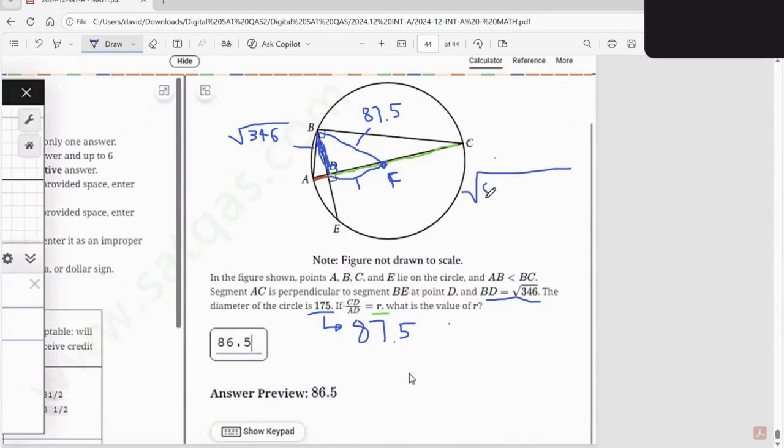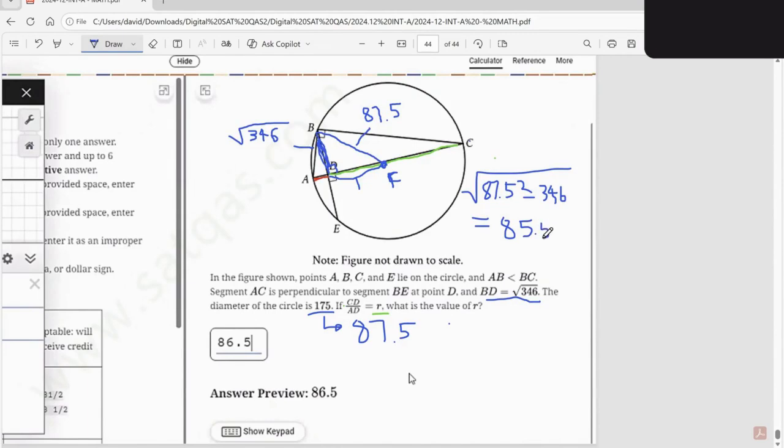So if you go ahead and use the Pythagorean theorem, and you put in 87.5 squared minus square root of 346 squared, which is just 346, you'll notice that your answer is going to be 85.5.